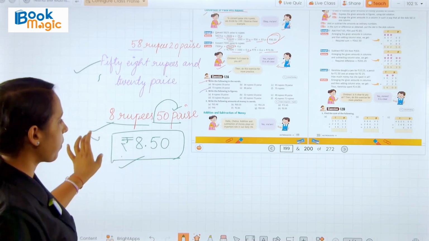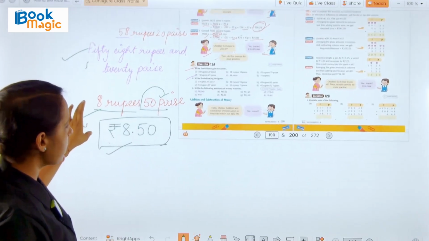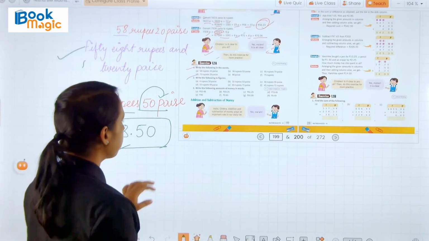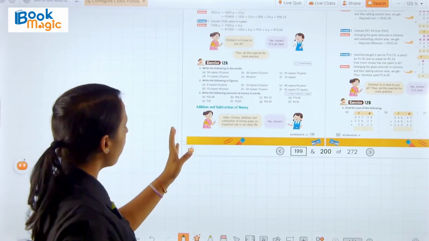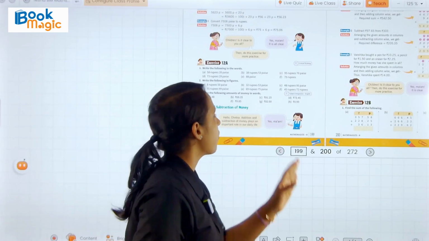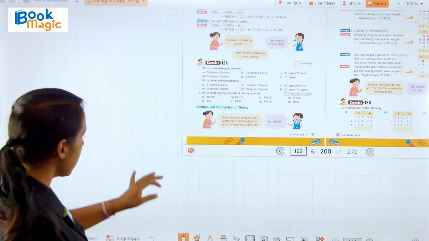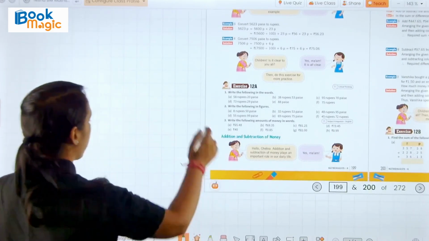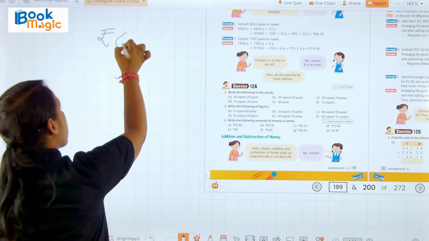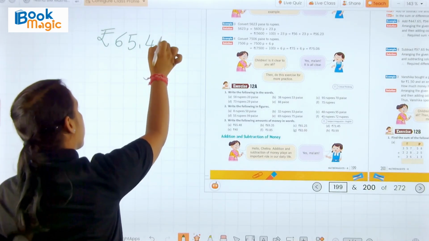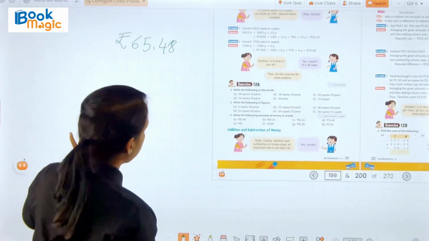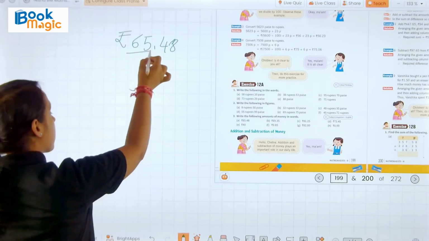Okay, so you can write the amount in words as it is, and in figures this. Now we have question number 3. Write the following amounts of money in words. अब हमें क्या करना है? Words में ही लिखना है amount को. Okay, so here we have 65.48 rupees. Words में लिखने के लिए हमें पता है क्या करेंगे? 65.